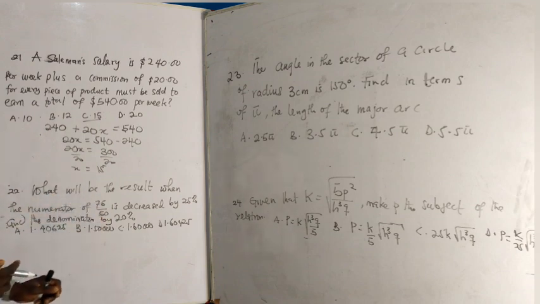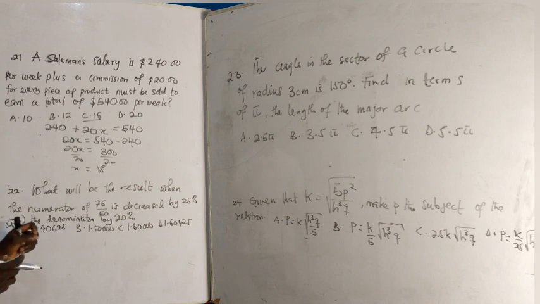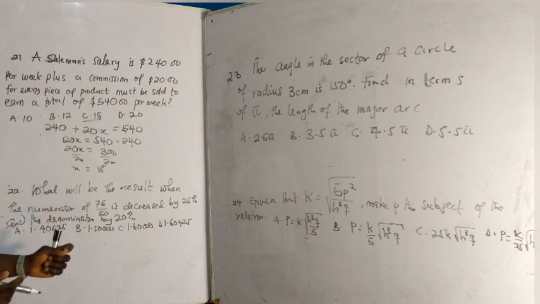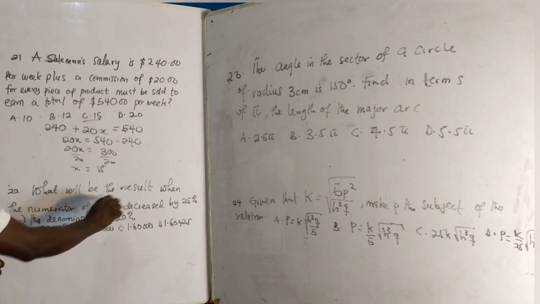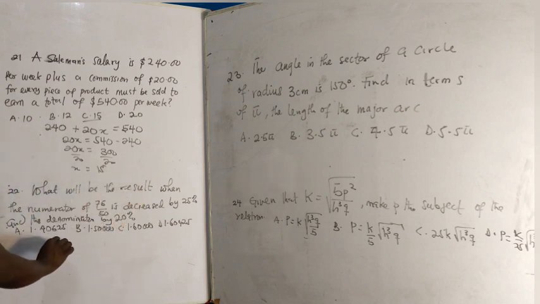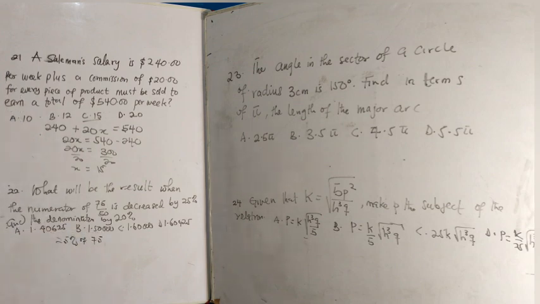What will be the result when the numerator of 75 over 50 is decreased by 25% and the denominator is decreased by 20%? The first thing is to get the various reduction values for the numerator and that of the denominator. Let's look at the numerator, 25% of 75. Let's use our calculator.